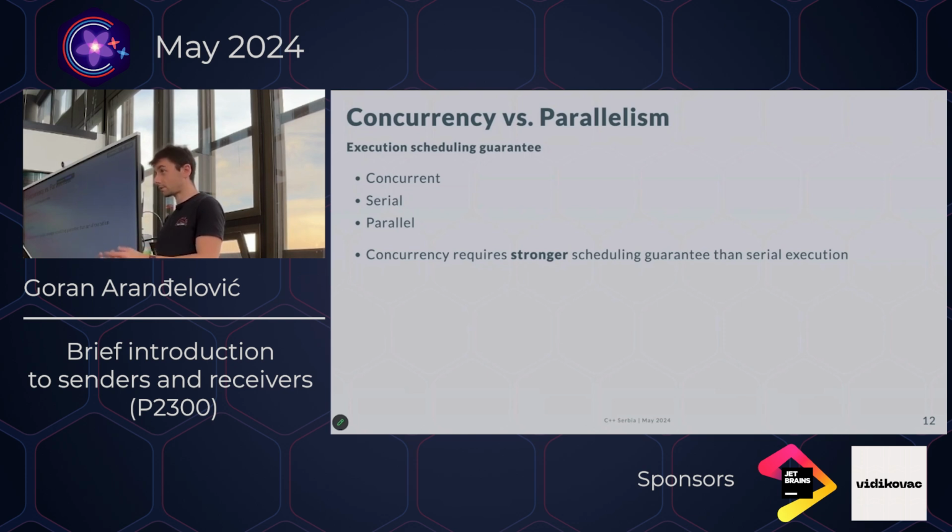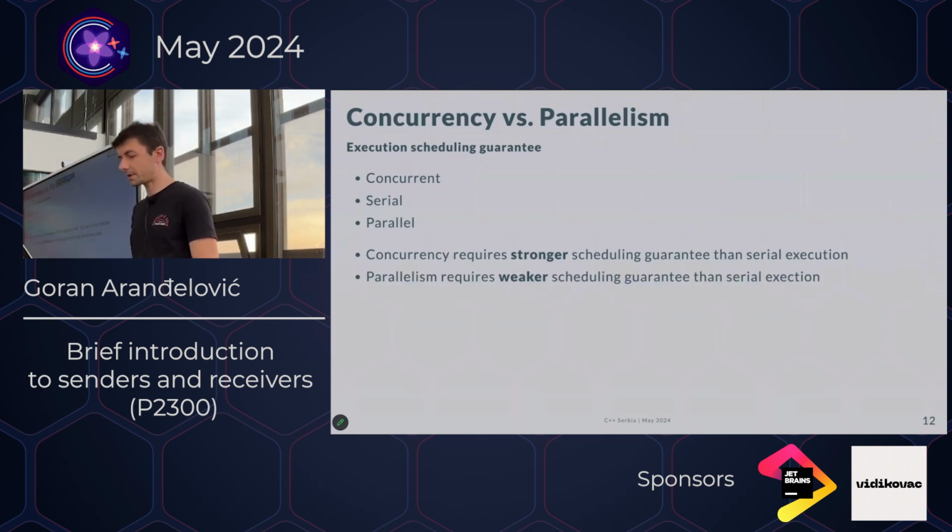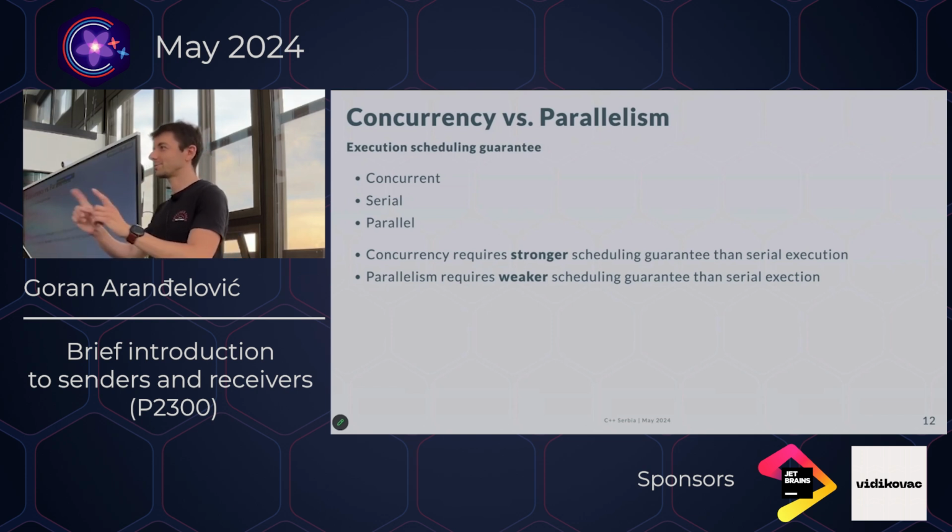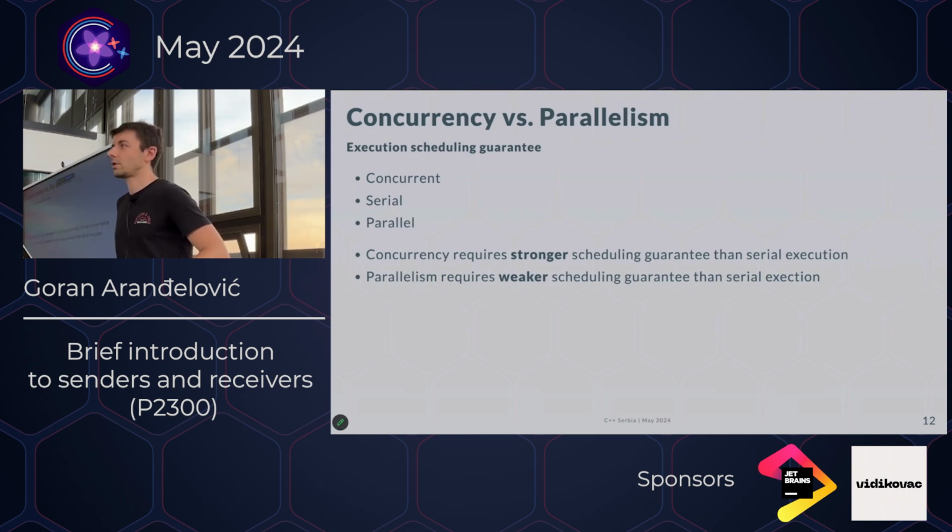And because runtime has to provide that, you need to have stronger scheduling guarantee for concurrent software. On the other hand, parallelism requires a weaker scheduling guarantee than serial execution, right? Which is, I think, more obvious than the previous one. So if you, let's say, do not lock anything or you do not synchronize anything in your code, I mean, there is arbitrary order how your task pieces will be executed.